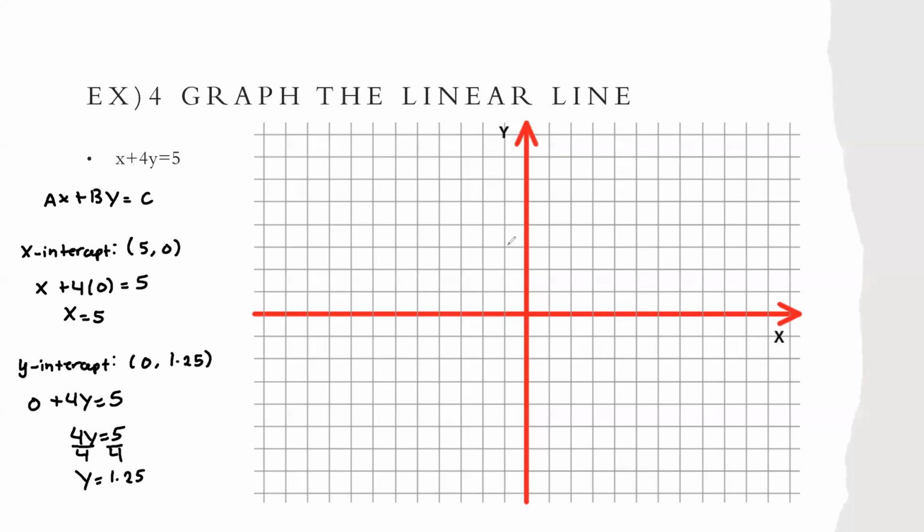Okay, so then go ahead and plot those 2 points. So (5, 0) would be 1, 2, 3, 4, 5. And then (0, 1.25). So 1.25 would be just about here. It's definitely less than halfway, right? Okay.